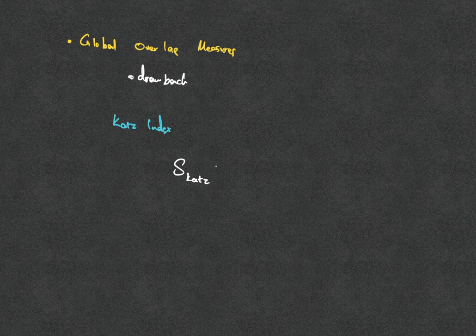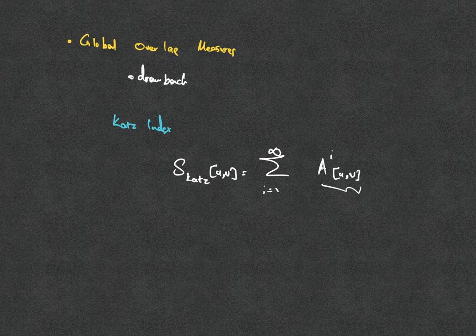The Katz index between 2 nodes is going to be the summation of all of these, each being a power of the adjacency matrix indicating the paths of length i. And of course, you're going to need a beta between 0 and 1.